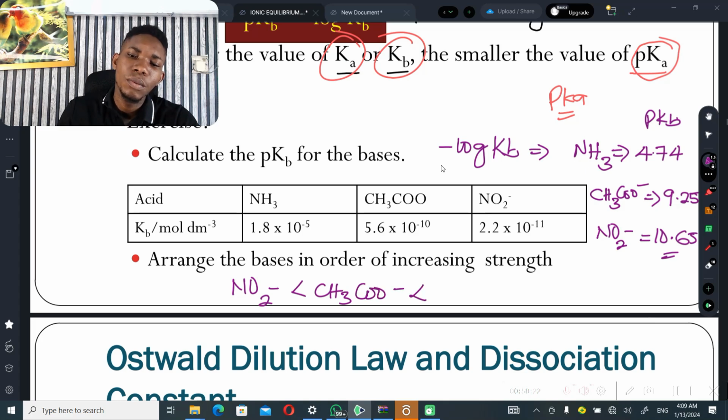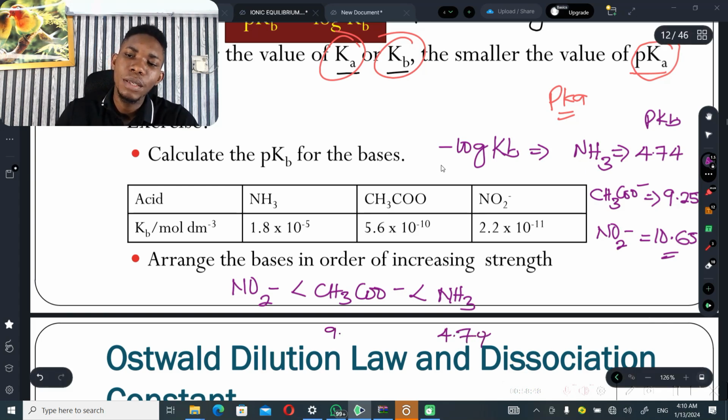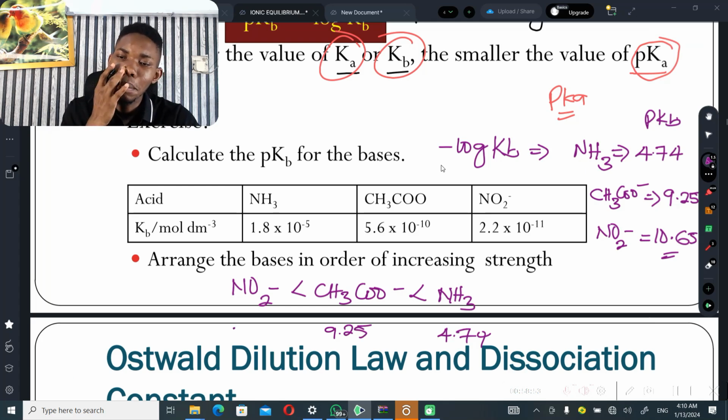We've already arranged this before, where we said that by order of base, NO2 minus is less than CH3COO minus, which is less than NH3. And you can actually see, we said that the higher the pKb value, the lower the what? The Kb value. And the lower the Kb value, the weaker the base. True or false? So you can see that ammonia has 4.74, while this one has 9.25, while this one has around 10.6.